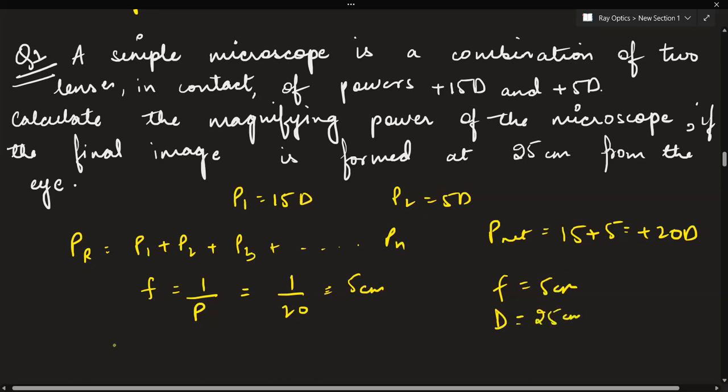You have to find out magnification. And this is which case? Final image is formed at 25 centimeter from the eye. It means image is formed at least distance of distinct vision. So M is equal to 1 plus capital D by small f. This is 1 plus 25 by 5, that is 5 plus 1, 6.